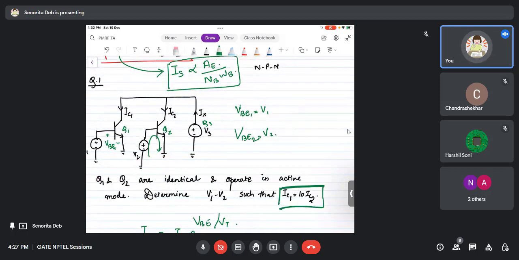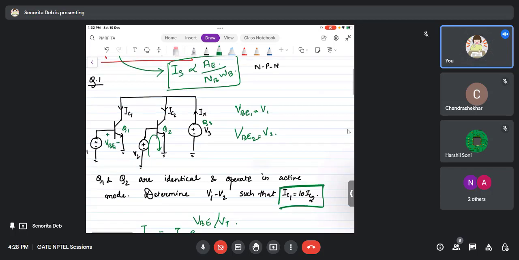So be careful about Q1 and Q2, the transistor notation given in the question. Don't take opposite things. If you take the opposite, your answer will come exactly as 1 upon whatever you want, and if it's a numerical answer type, you will mess it up.